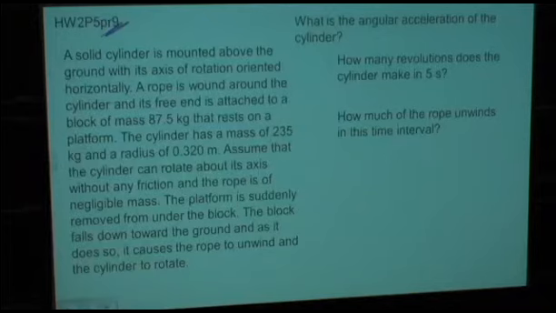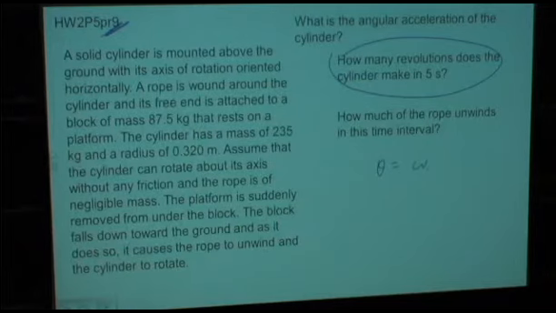So if you want to calculate how many revolutions it makes, well, theta equals initial velocity times time, that's 0, plus acceleration times time squared divided by 2. That's the standard equation for motion with constant acceleration, but now it's angular acceleration.